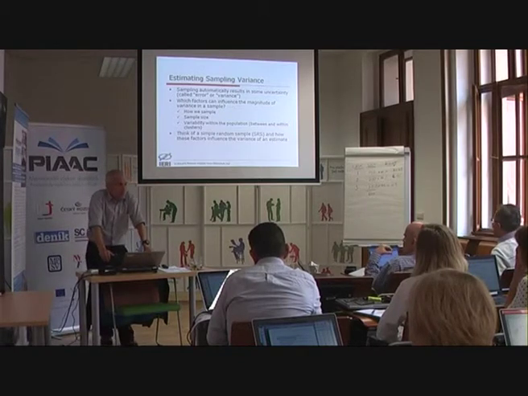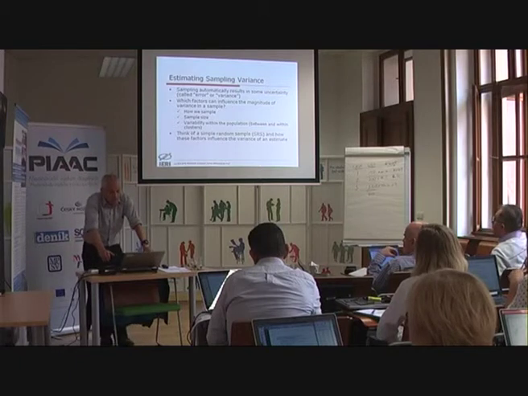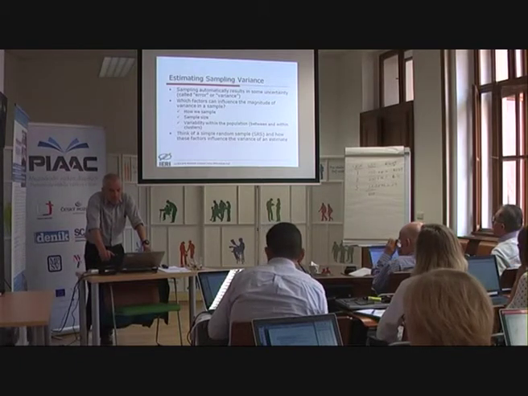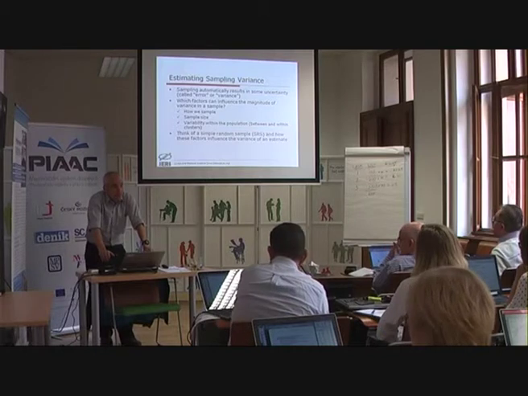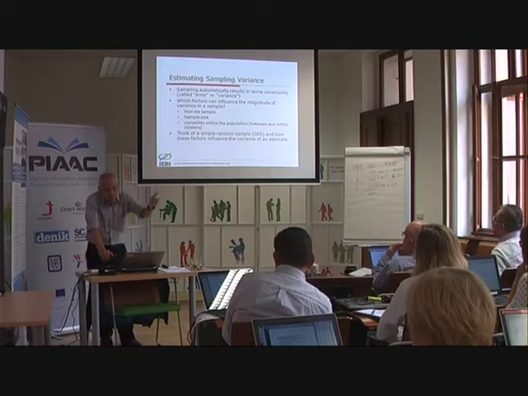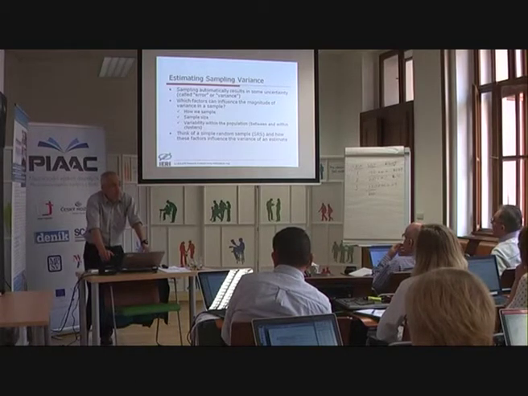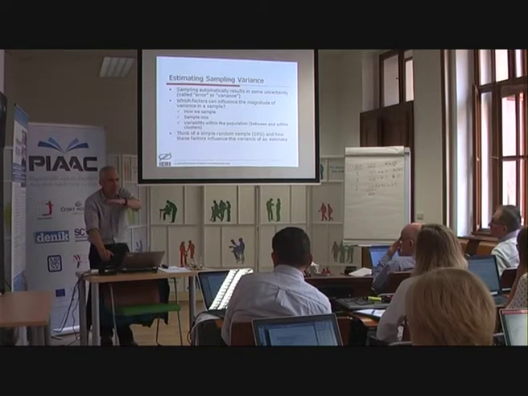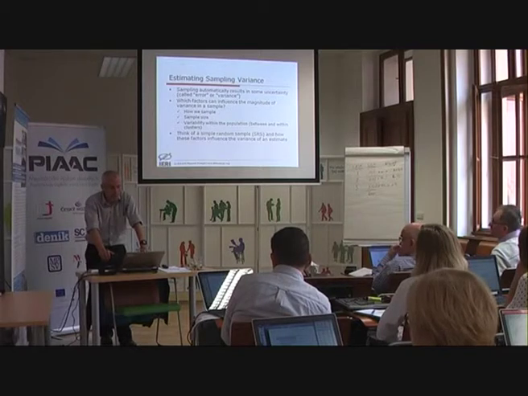So that's why we talk about estimating sampling variance, and the factors that influence it: how big is the sample, how we sample, whether I do systematic or simple random selection, how many people I select, and the variability within the population. I think I've touched on all these points already.